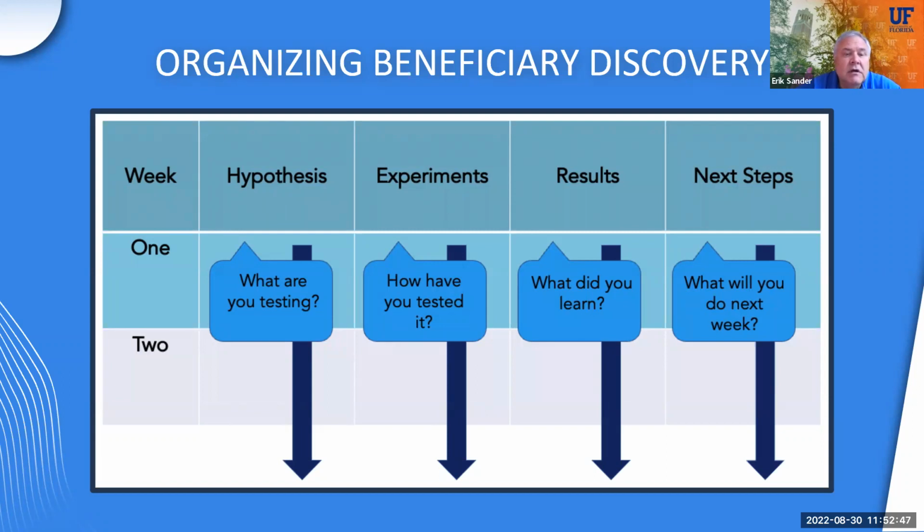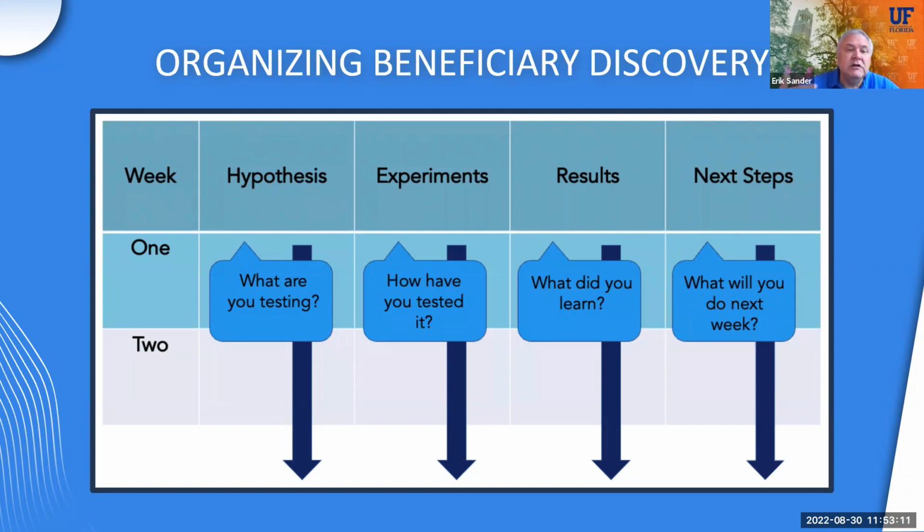First, what is your hypothesis? What's the hypothesis that you're testing? You've gone through a number of experiments. Experiments, again, can be beneficiary discovery interviews. It could be MVPs. Have you tested these hypotheses? Because your hypothesis has almost certainly changed, maybe not, but have you tested it? And what did you learn from that? And then finally, what are you going to do next?